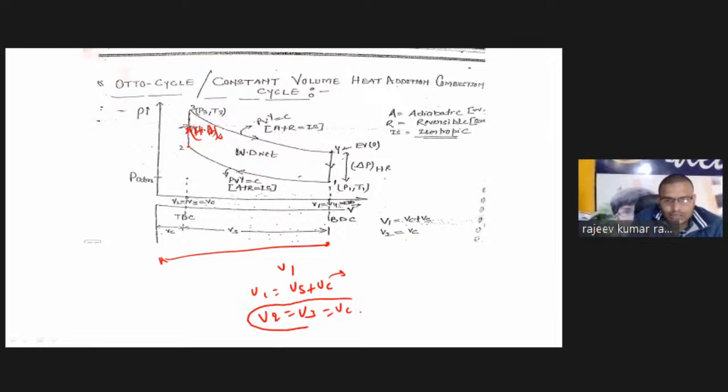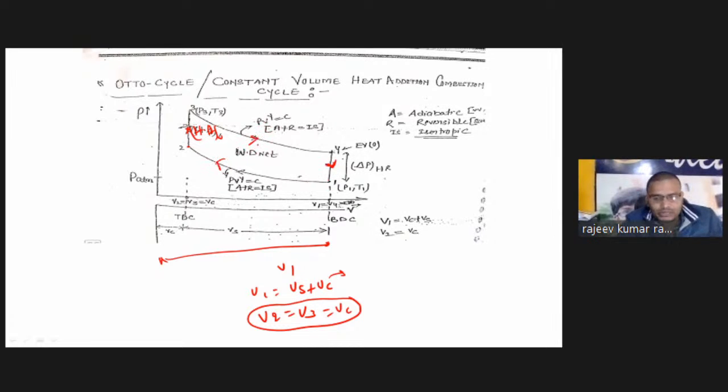This is called the clearance volume. These are different processes that I have discussed here, and this will be constant volume heat rejection.